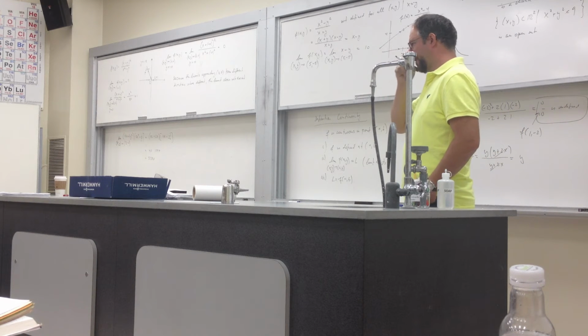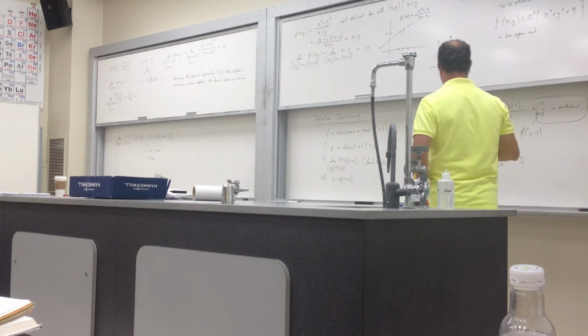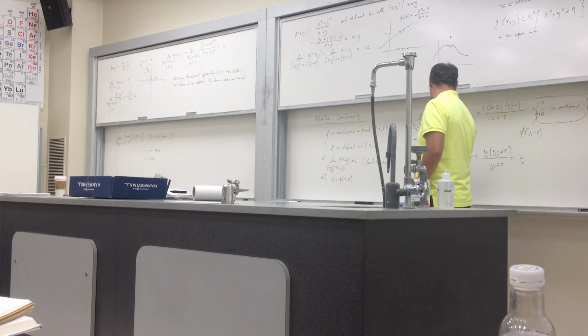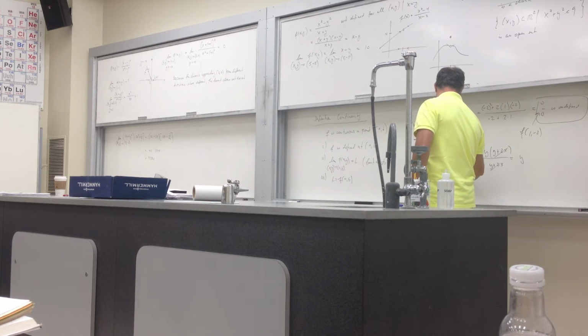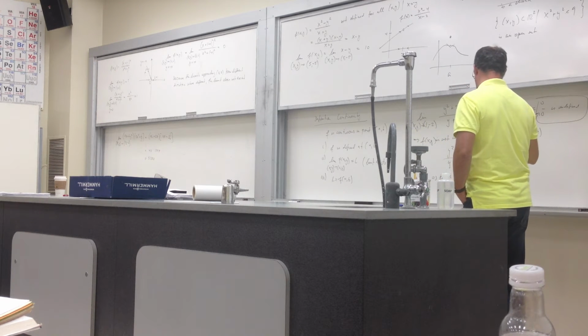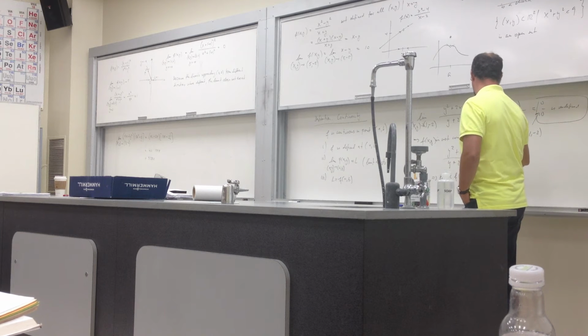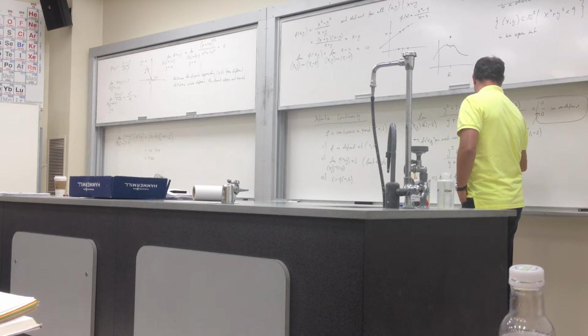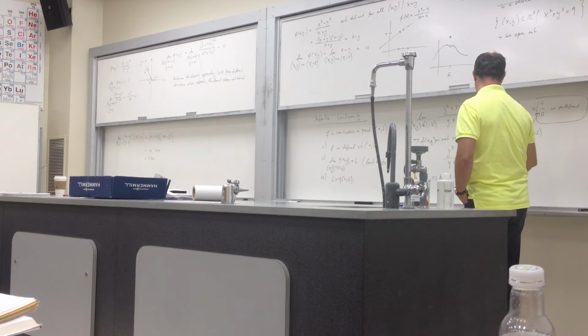So now I define f of x and y equal to y squared plus 2xy divided by y plus 2x.